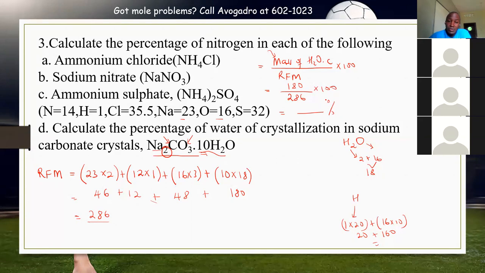As long as you can interpret the formula of the compound, that here we have 8 hydrogen atoms and 2 nitrogen atoms, we shall be good to go. So should we leave question 3 and go to 4, or there is something you feel we need to look at? Okay, we proceed.